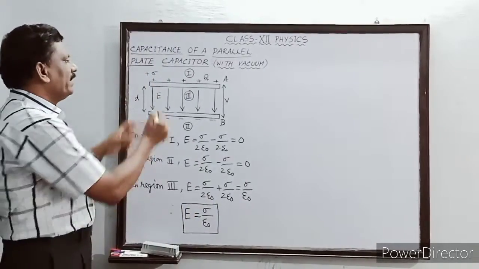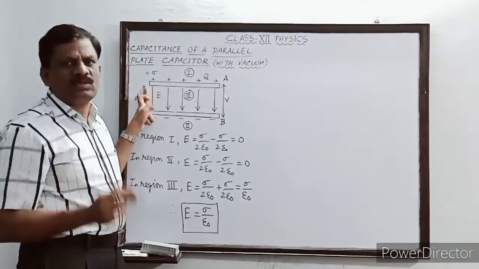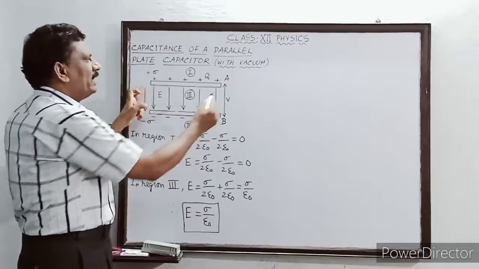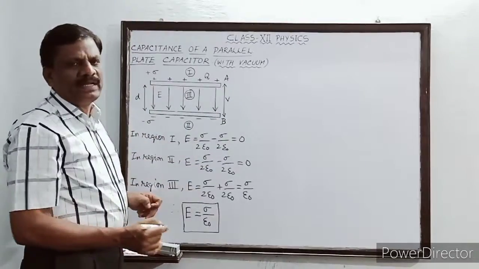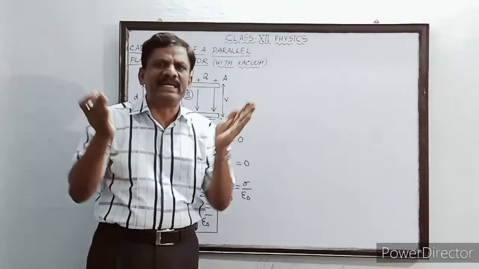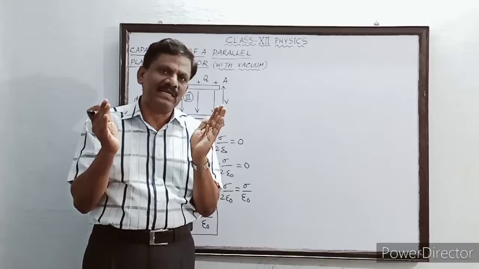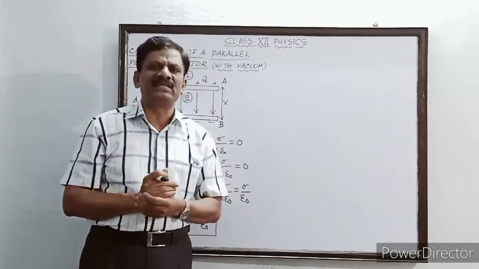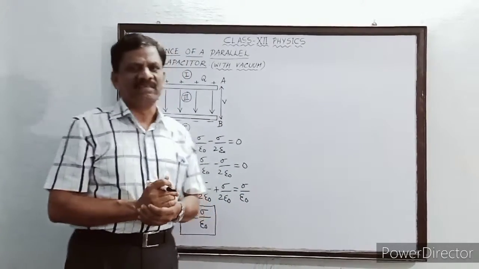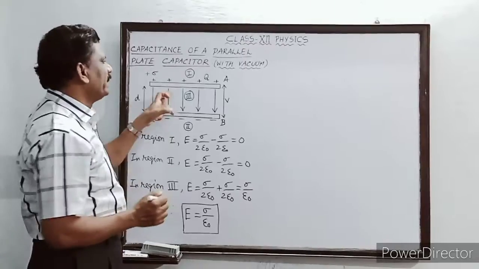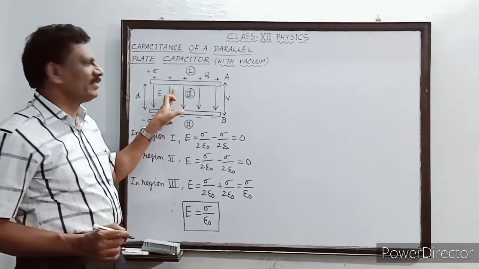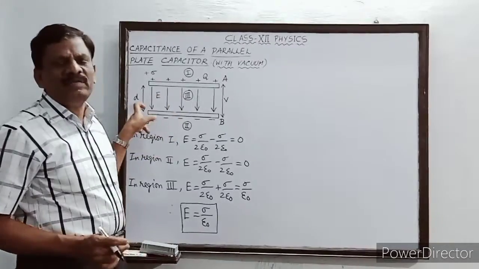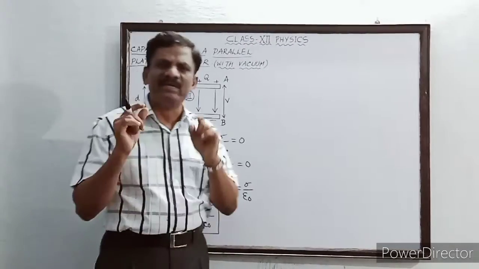Normally, the electric field in between the two plates will be uniform, and slightly at the edge of the two plates, the electric field lines will be slightly curved practically. This effect is called the fringing effect. Compared to the area of cross section of the plates, the distance between the two plates will be very, very small.